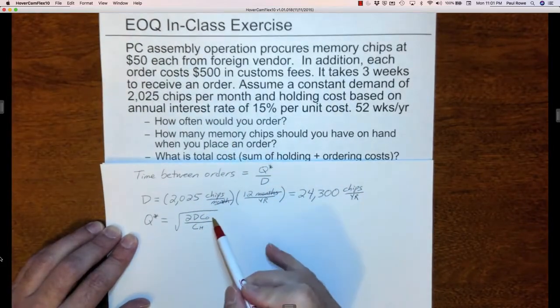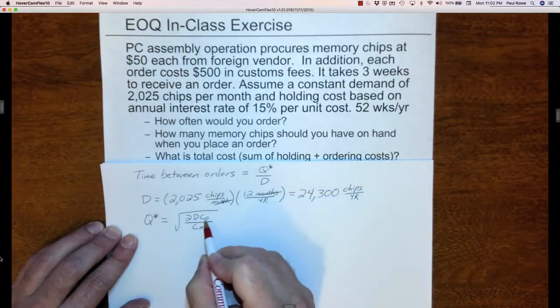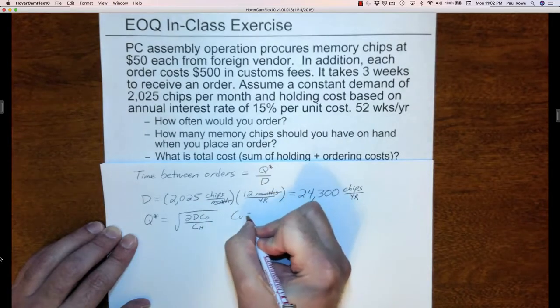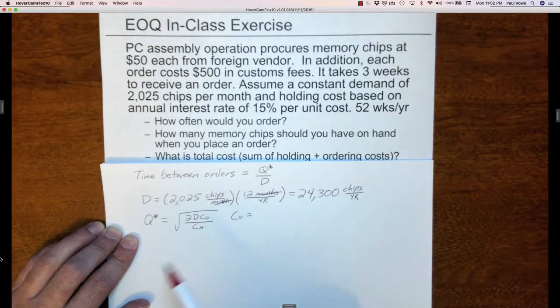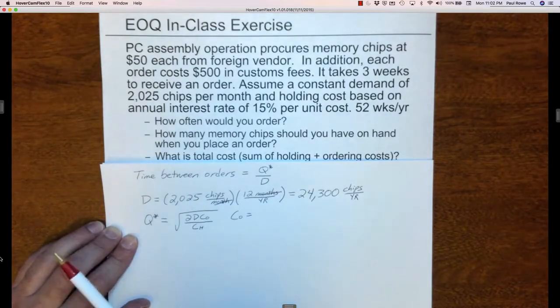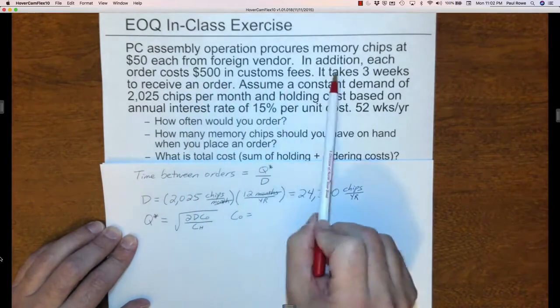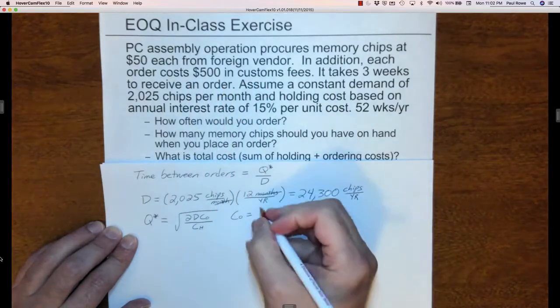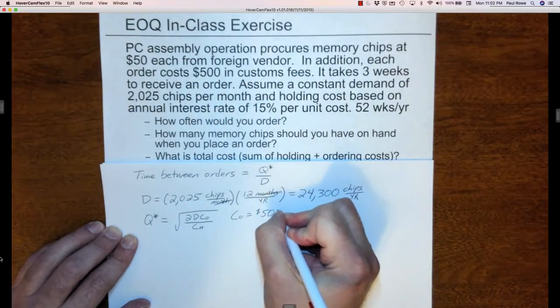Well, when we look, we just calculated D. The cost of ordering is going to be the fixed cost that we're incurring every time we place an order or do a machine setup. And so we see that that would be $500 for our ordering cost.